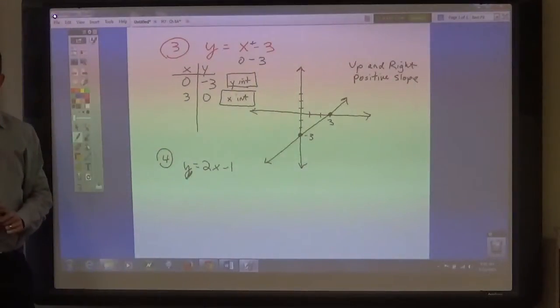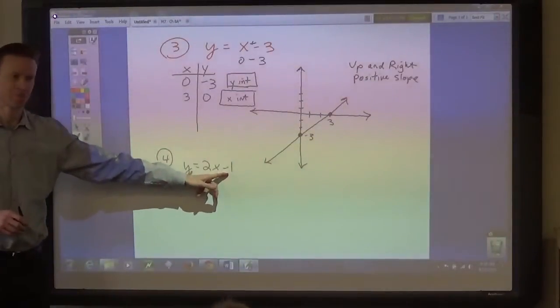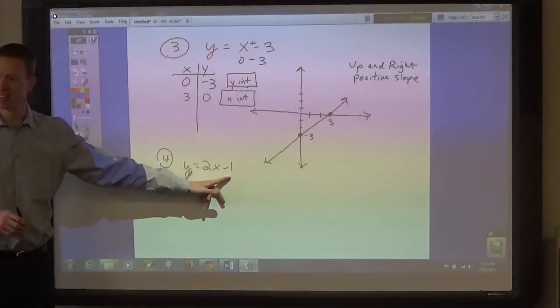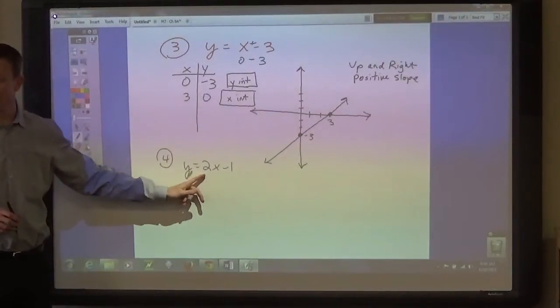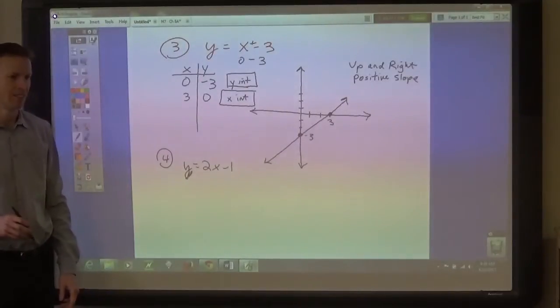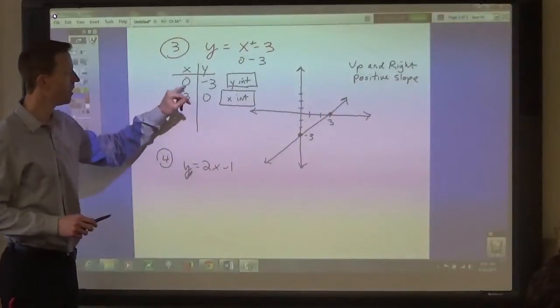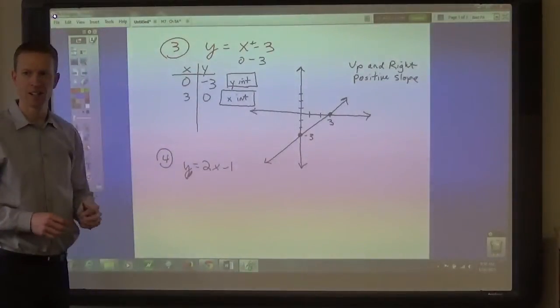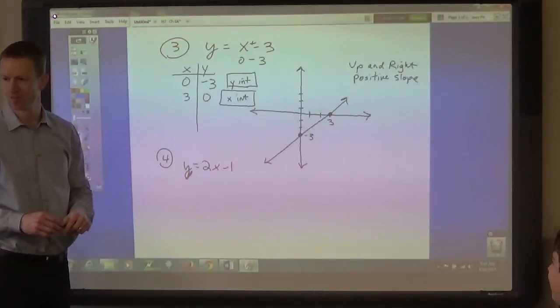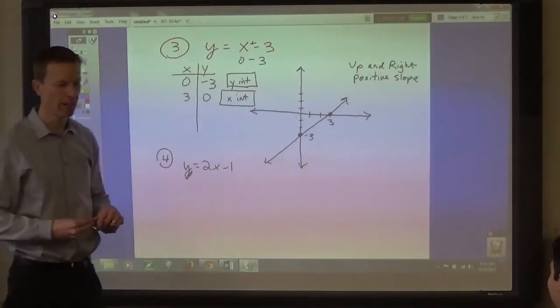What number's in that spot in this equation? Negative 1. Yep. It's the number that's on the same side with the x. So that means one of the points is 0, negative 1. And then find another point and graph it.